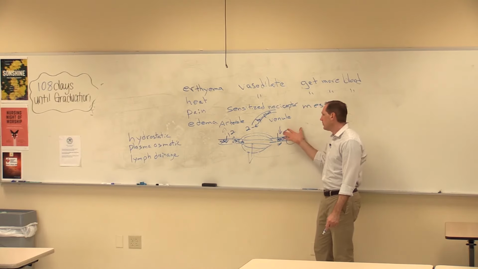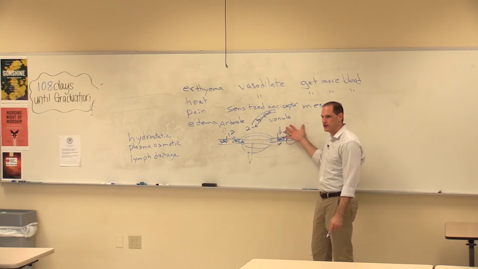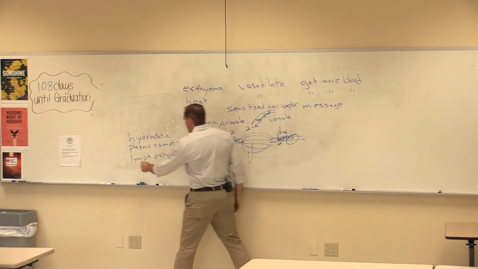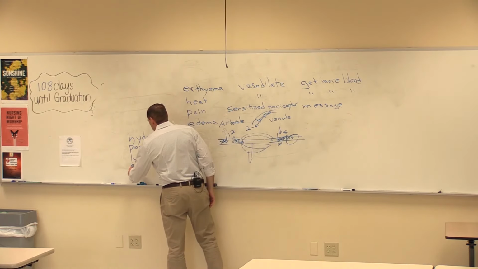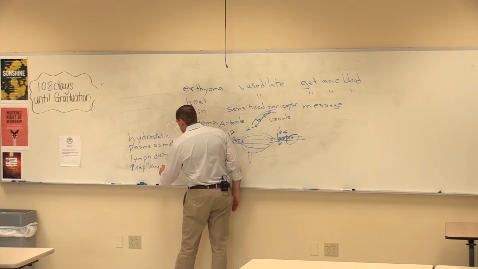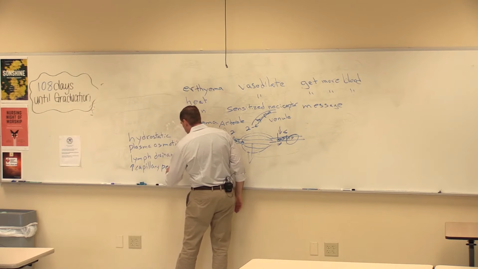And now you've got a whole bunch more fluid being retained up here. And that's what happens during inflammation. We call it an increase in capillary permeability. Sometimes you'll hear membrane permeability.